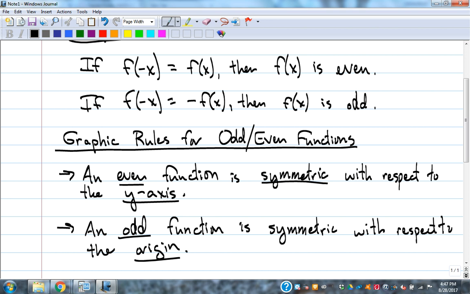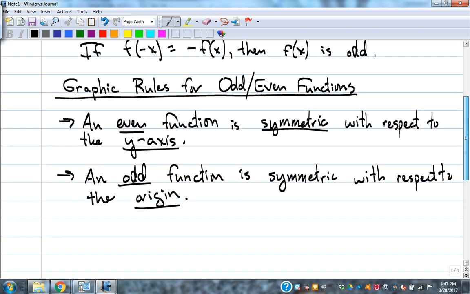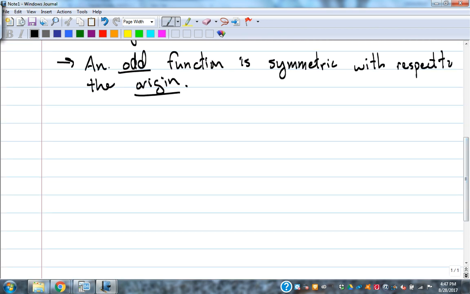So you have to visualize that you would fold it across the y-axis and then fold it down, and it should match up if it's odd. That's a little more difficult to visualize without actually folding it. But the algebraic test is a little stronger if you've got the function equation to deal with. So we'll look at both of those as we go along.